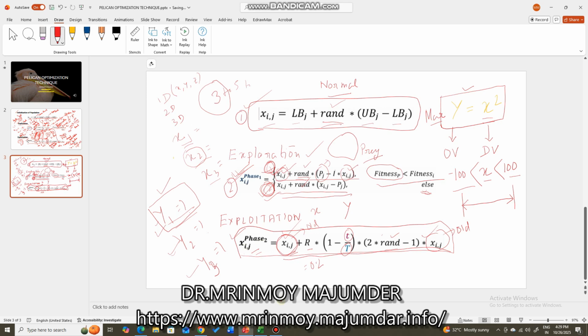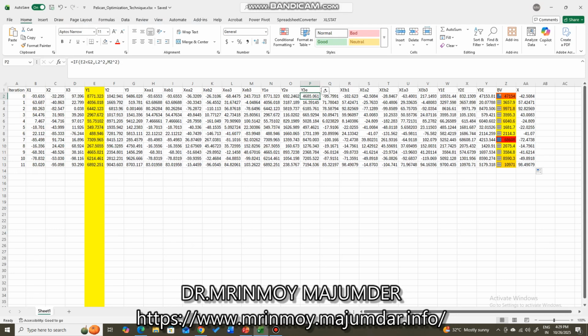Now how can you execute this optimization technique in an Excel sheet? Let us see that. For this you see these x1, x2, x3 columns are our 3 agents. If you are considering 5 agents, you have to use 5 columns. If 10 agents, you have to use 10 columns, and so on.